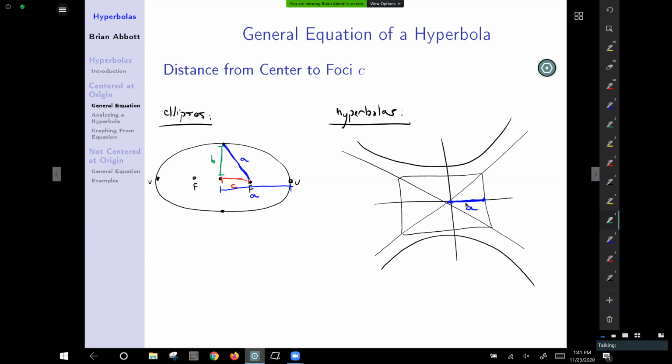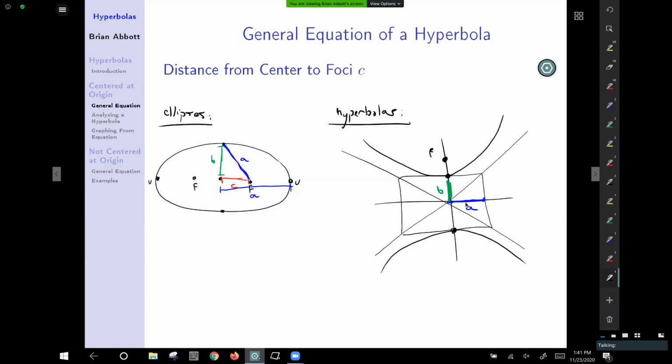Again, draw it well if you're going to draw it. I'm sorry. That means these are the vertices, and so our hyperbola opens up and approaches the asymptotes. So now that vertical distance, that's going to be green. That's going to be our B distance there. And then where's your focus with a hyperbola? Well, the focus for a hyperbola is actually out here.